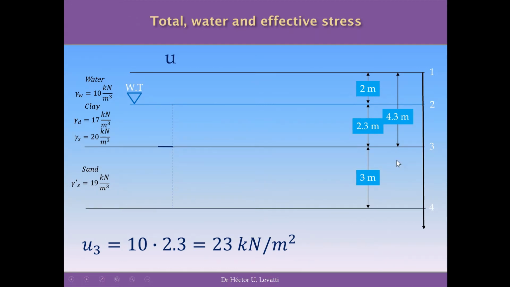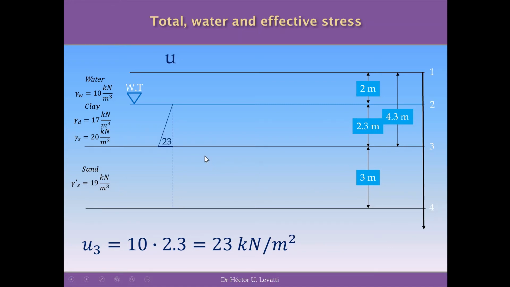If we go to the next point, let's say the point 3, which is the interface between the clay and the sand, we find that we have a column of 2.3 meters of water, and we know that the specific weight of the water is 10 kilonewtons per cubic meter. This is the reason why we say that the pressure at the point 3 is 10 kilonewtons per cubic meter multiplied by 2.3 meters, equal to 23 kilonewtons per square meter.